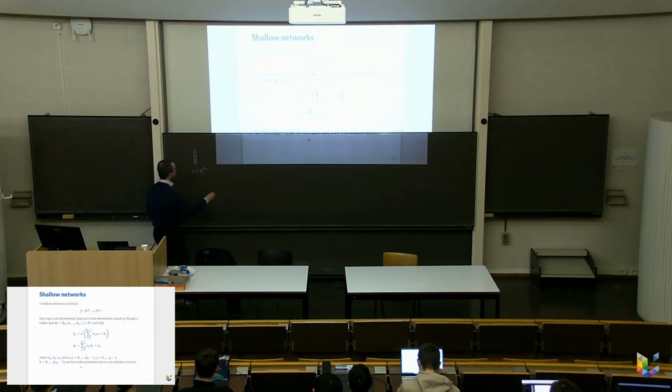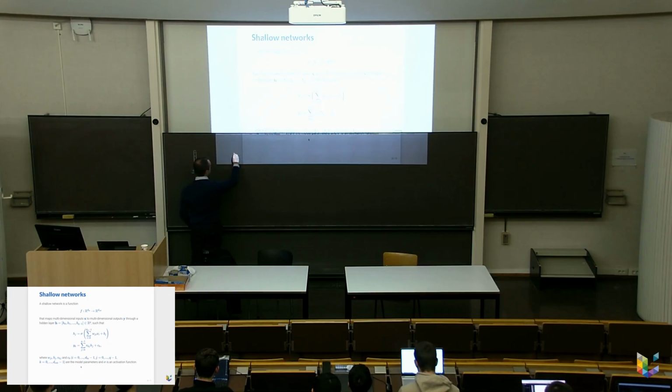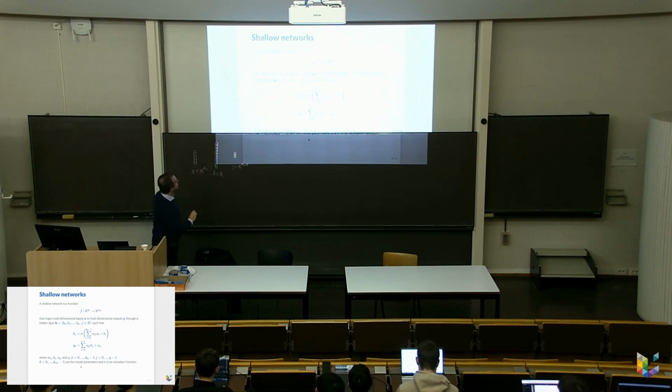Okay? So we'll have the output, which can also be multidimensional. And we'll go from x to y by going to an intermediate representation, which we call a hidden layer. Okay? And this hidden layer will be a vector of size q.